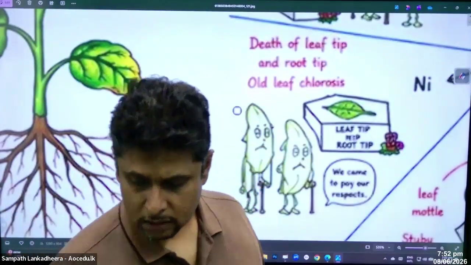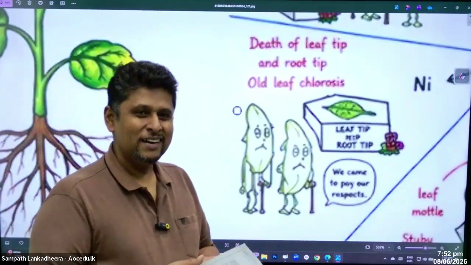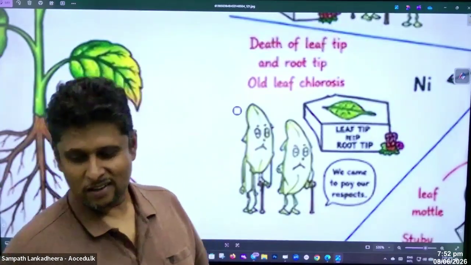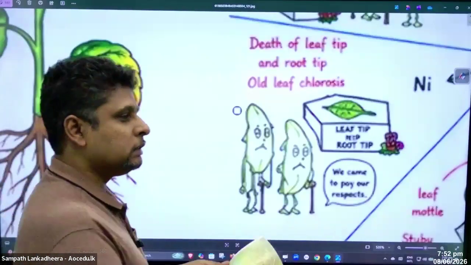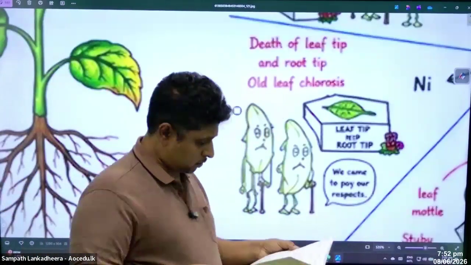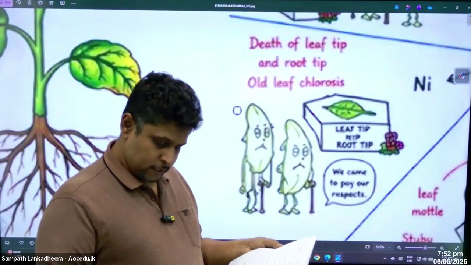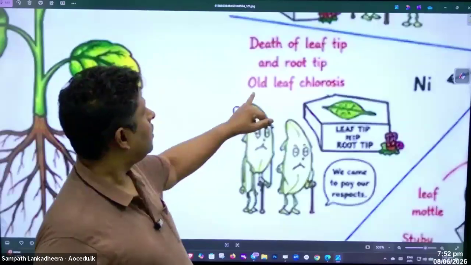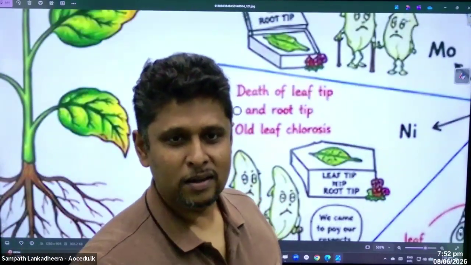What we said: death of the leaf tip. I think I need to edit that. Nickel, death of the leaf tip only. The slide says root tip also; I think I have to correct that. Death of the leaf tip, right?